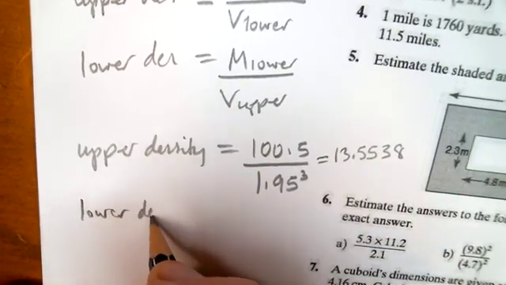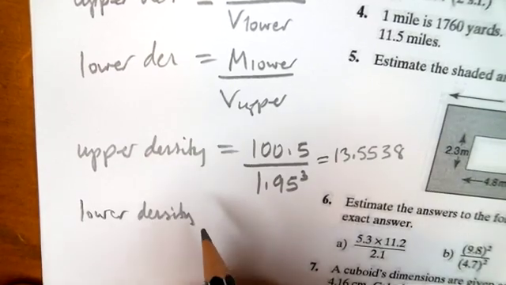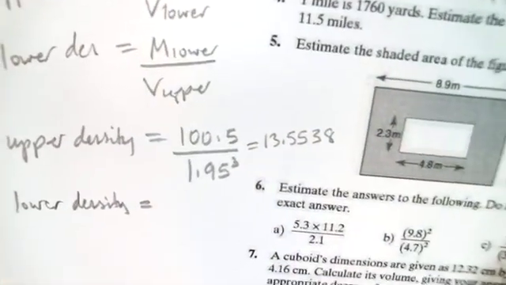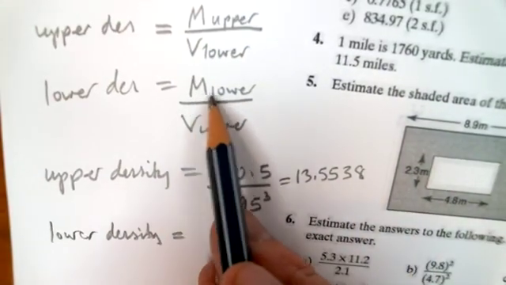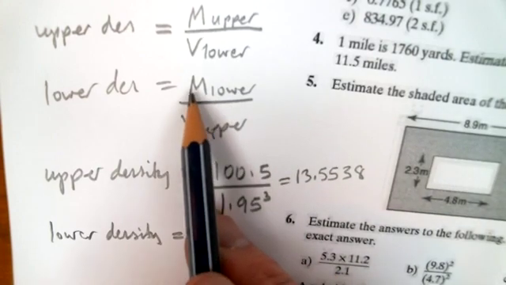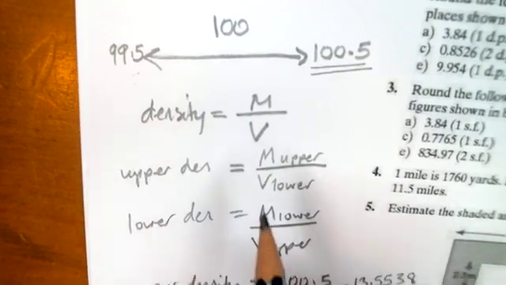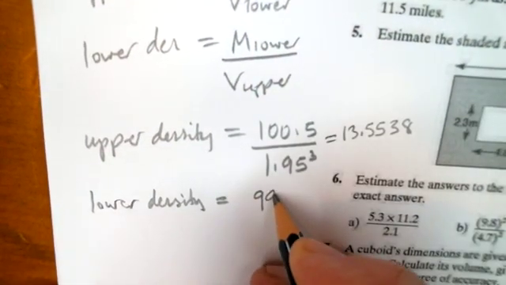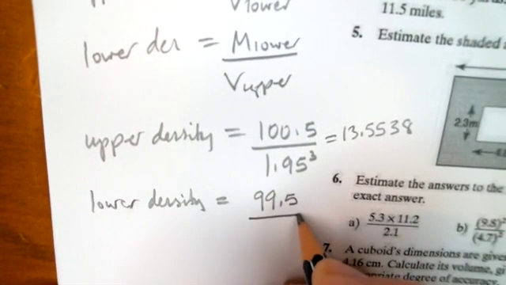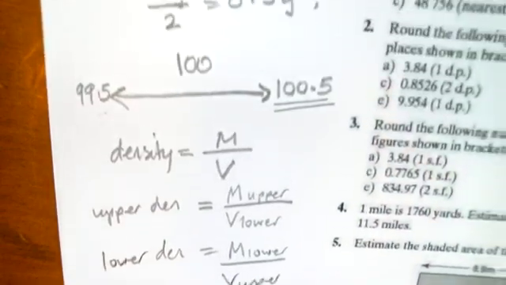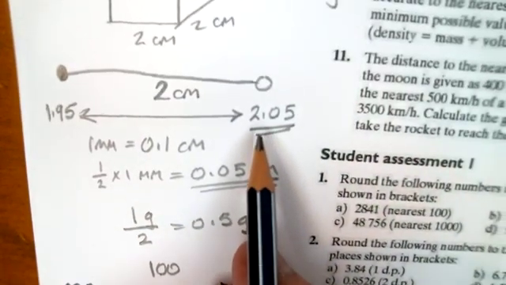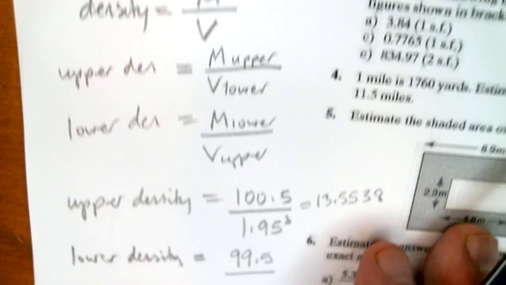The lower density, again, excuse my very rough writing here. So for the lower, the mass is going to be the lower. Well, the lower is going to be 99.5. There it is, 99.5. And it's going to be divided by the upper volume, which is 2.05 cubed.